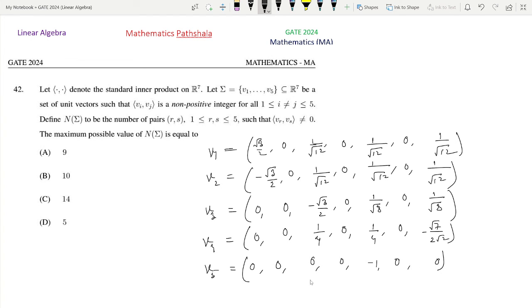So clearly all such Vi's are unit vectors. This is very clear.